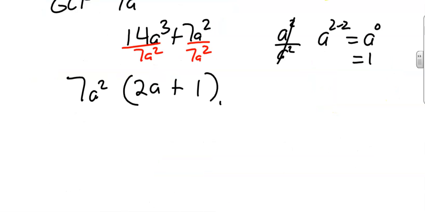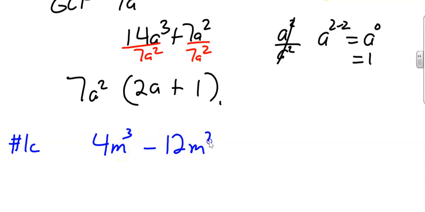All right, let's give you one more of those, just to make sure we've got it here. For this one, let's go 4m to the third minus 12m squared plus 160m.